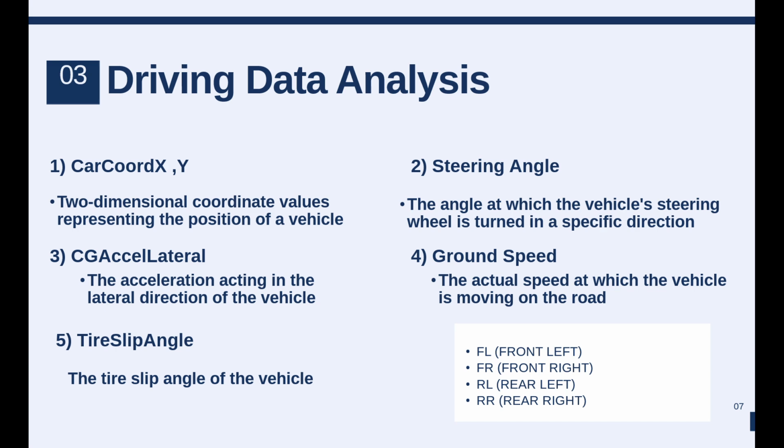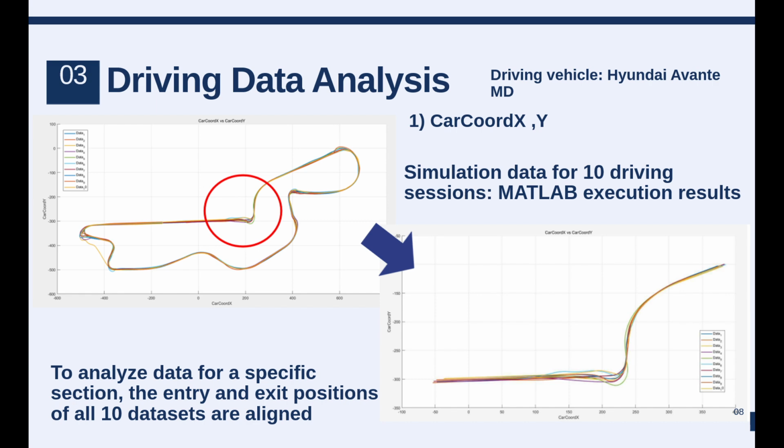The ground speed reflects speed maintenance, and the tire slip angle represents grip changes. I analyzed the data by comparing graphs using MATLAB. The driving vehicle used was a Hyundai Avante N, and the results are based on 10 circuit runs.